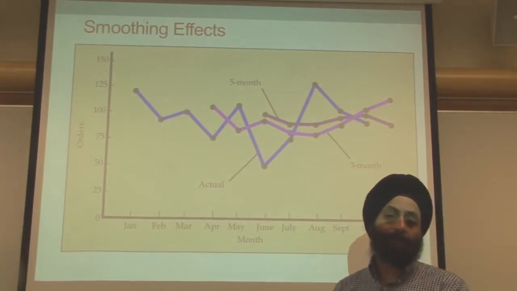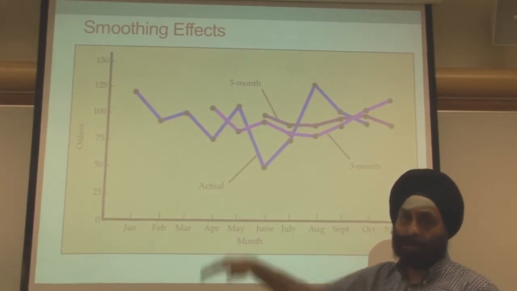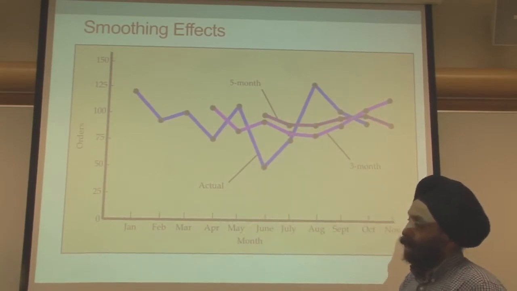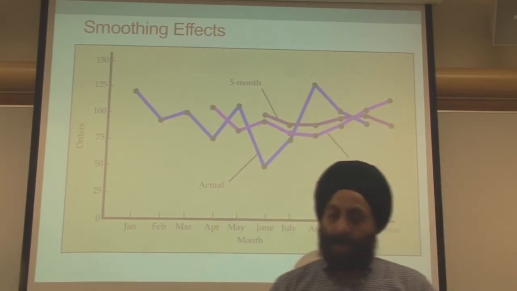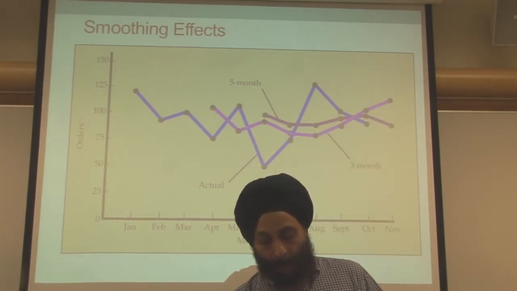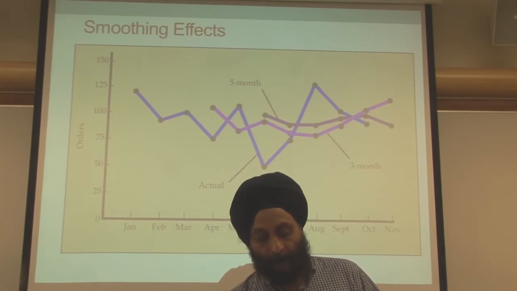If you were to take 6-month or 7-month or 8-month, you'll notice it will become much flatter, as the variability is reduced the longer the time frame you take into account in your forecasting.